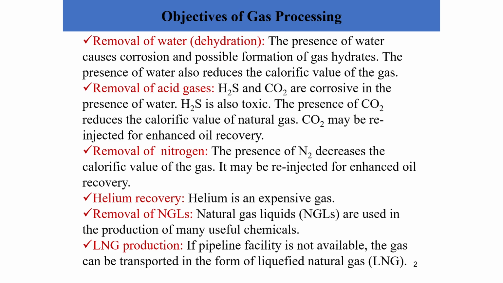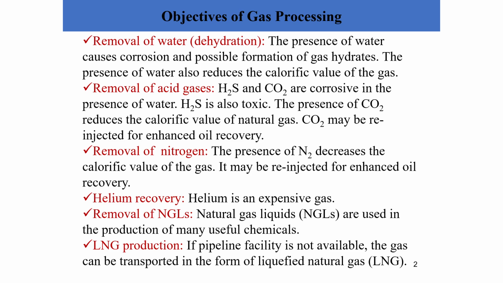Removal of nitrogen is also very crucial, for the reason that the presence of nitrogen in high quantity will also reduce the calorific value of the gas. Helium recovery is also important because helium is sometimes very expensive, so once you recover the helium you can sell it as a separate product. Removal of NGLs, or what we called before natural gas liquids, which we talked about as expensive compounds that we can fractionate.